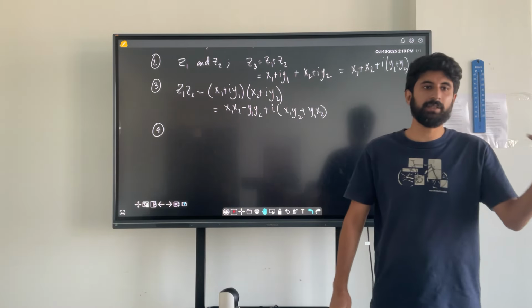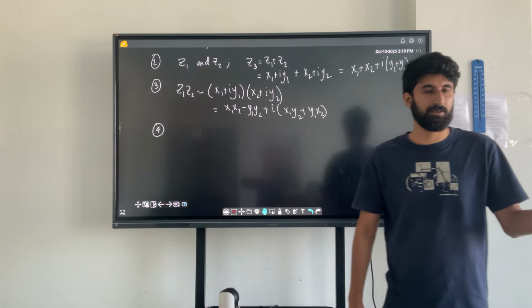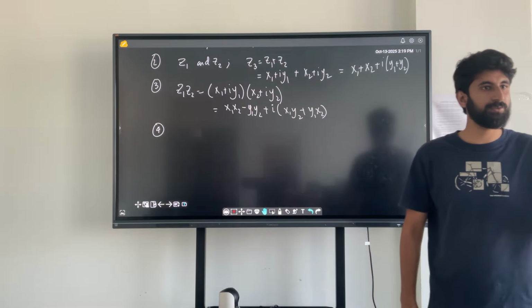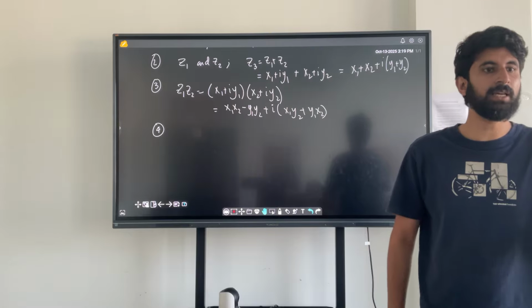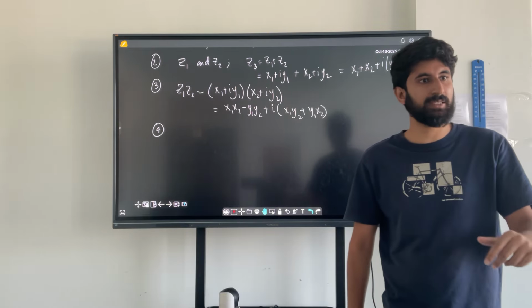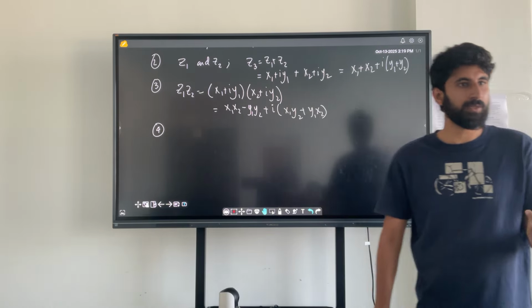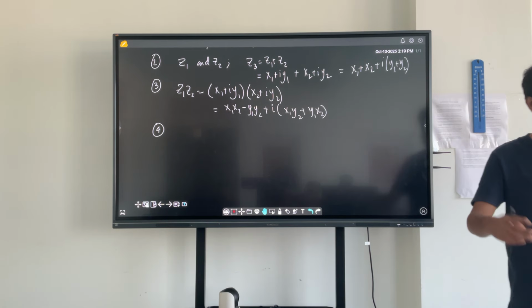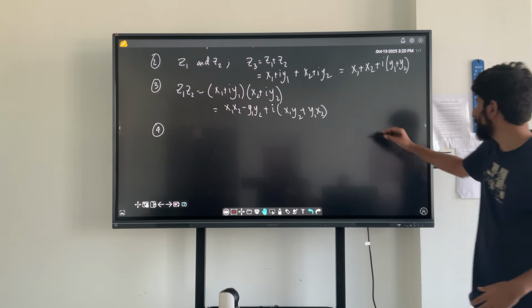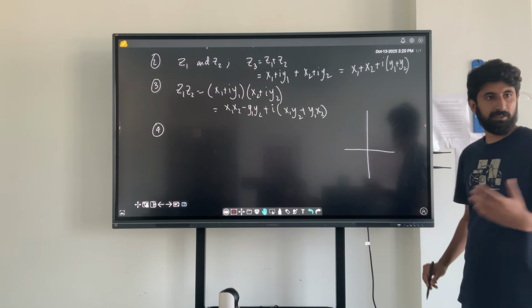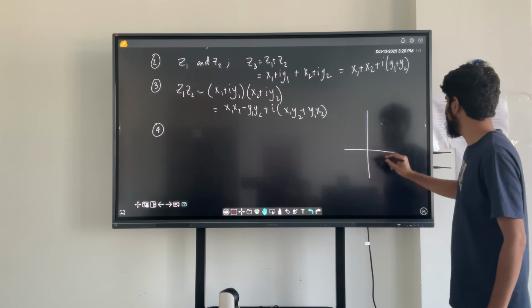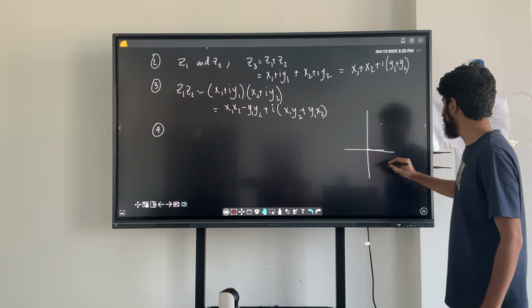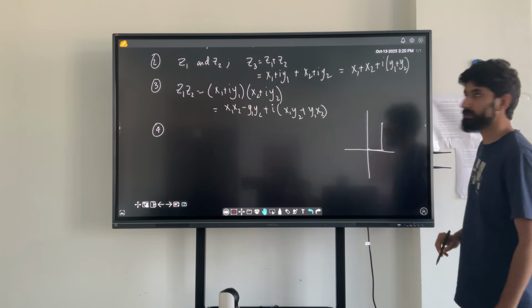So you have already done this with vectors, right? If you give me two real numbers, and if I interpret them as components of a vector, I can represent them on a plane. So I draw a Cartesian plane, then any point on this plane has a length along this and a length along this.